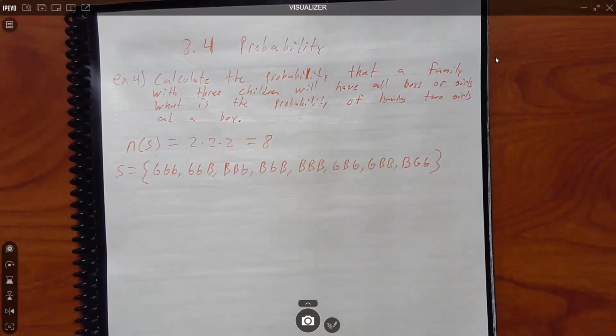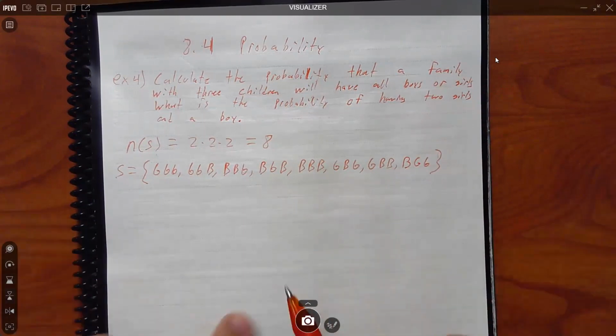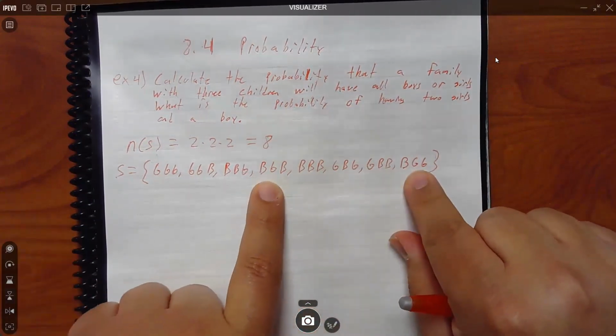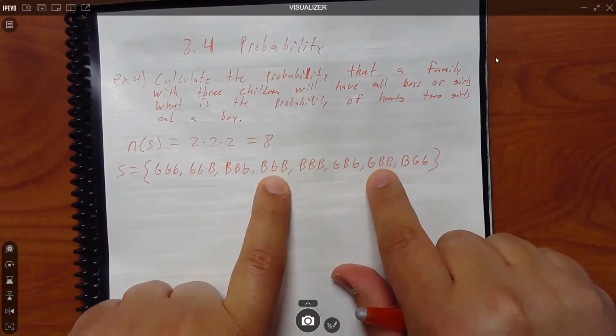So order is important because it's a different situation if you have a girl first versus a boy first. So we're going to treat those as 2 different events. For example, these 2 have 2 boys and a girl.